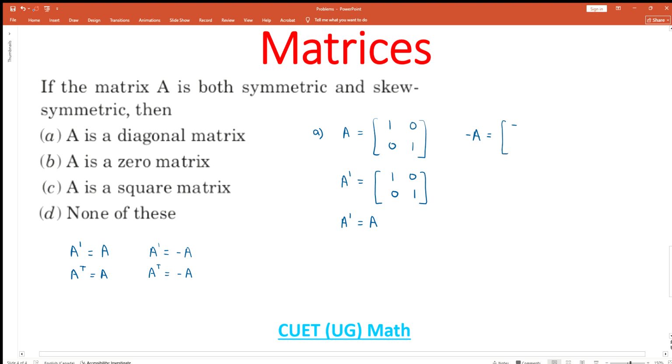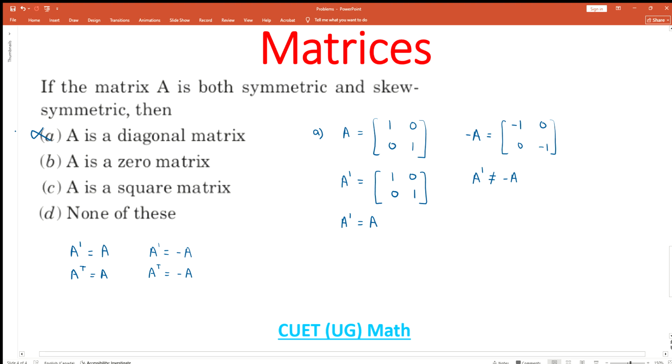So we get negative 1, 0, 0, negative 1. We can see that this matrix negative A is not equal to the transpose of matrix A. That means this diagonal matrix A is not skew symmetric. So option A cannot be the answer because matrix A should be both symmetric and skew symmetric.